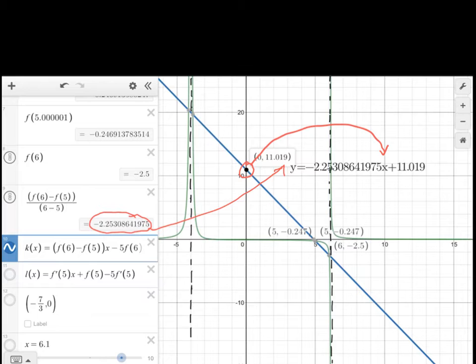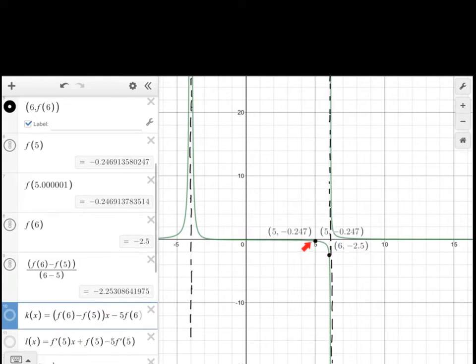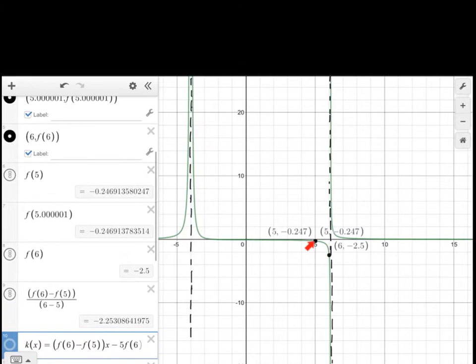All right, what about the instantaneous rate of change right at 5? Okay, so we're going to go to f of 5, which is negative 0.2469, and we're going to go to f of 5.000001, at negative 0.2469. So it's two numbers that are very, very close to each other here, right?